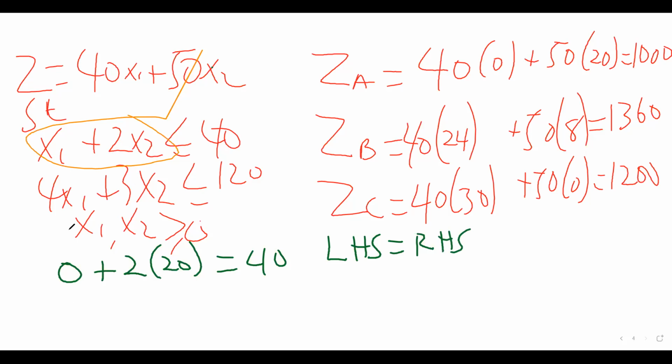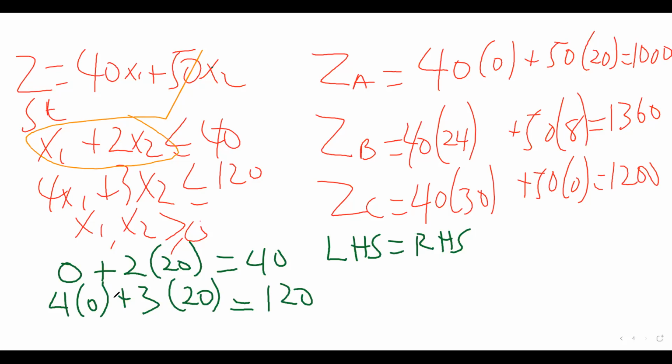Let's go to the milk constraint. Okay, that is 4x1. x1 is what? 0. So you have 4 times 0, plus 3x2. x2 is what? x2 is 20. According to the rule, this should be equal to 120.